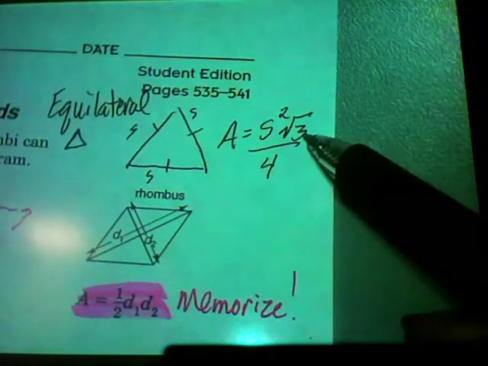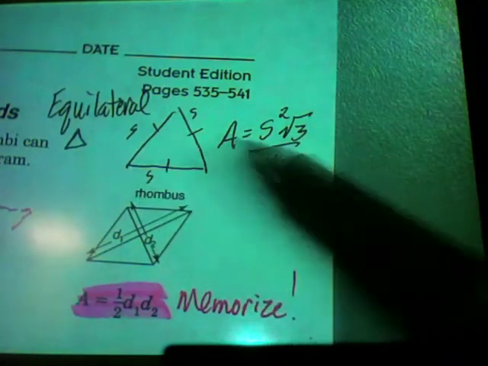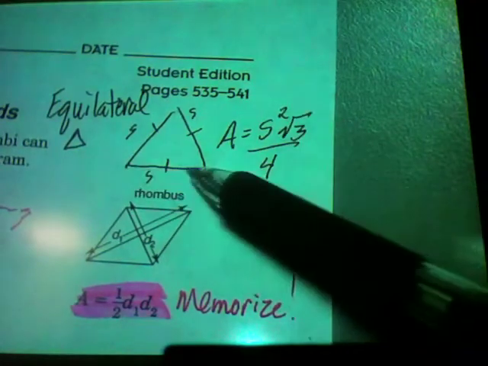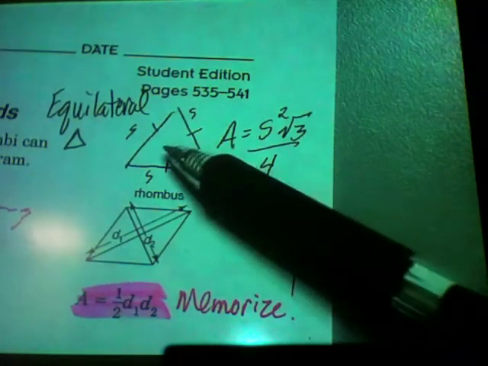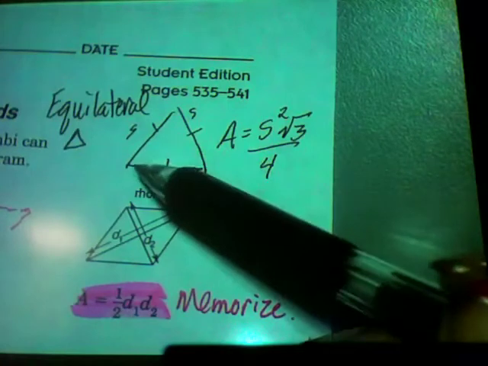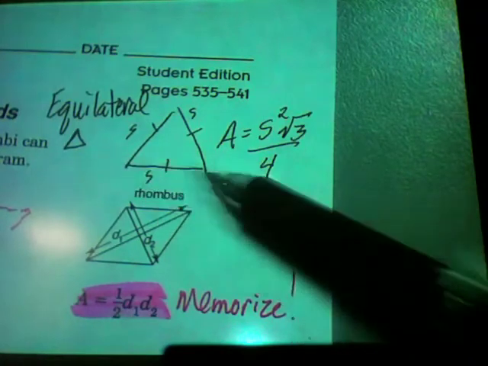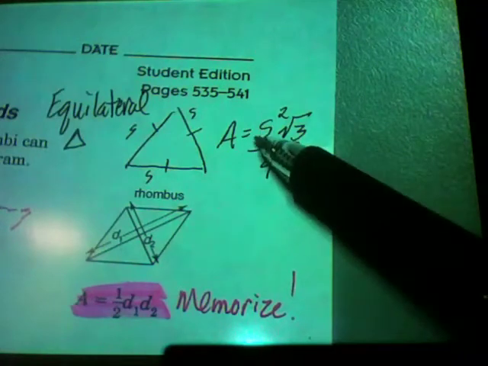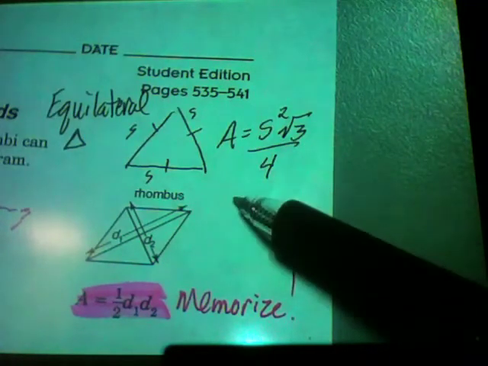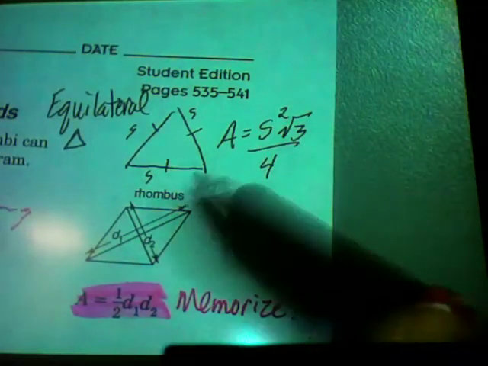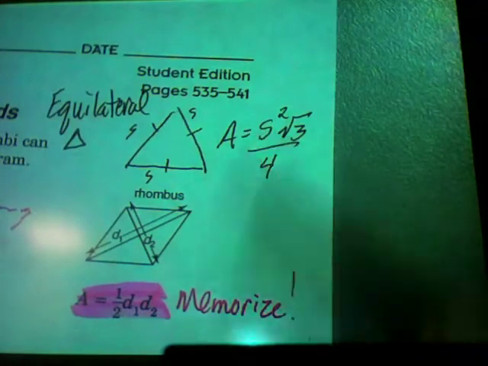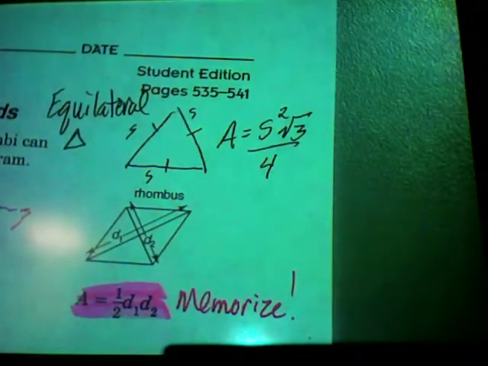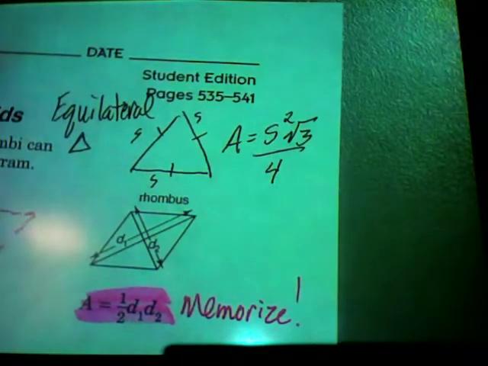That's where this rad 3 comes from. And then these come from half of your base times your height. Isn't this half of the side S right here? So 1/2 of S, so there's part of that 2 out of the 4. But as I said, when we get to a further section, I'll show you how that's derived. But I'm not going to take the time to do it today. But that's where it comes from.